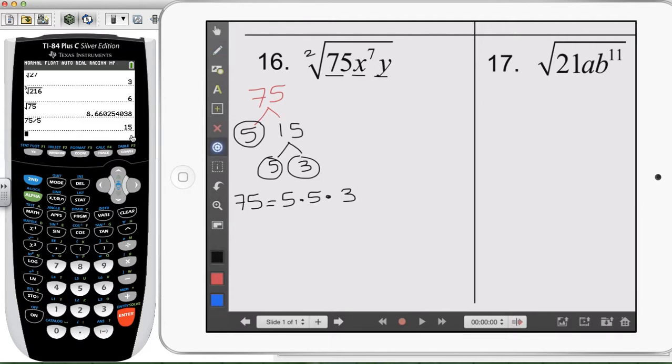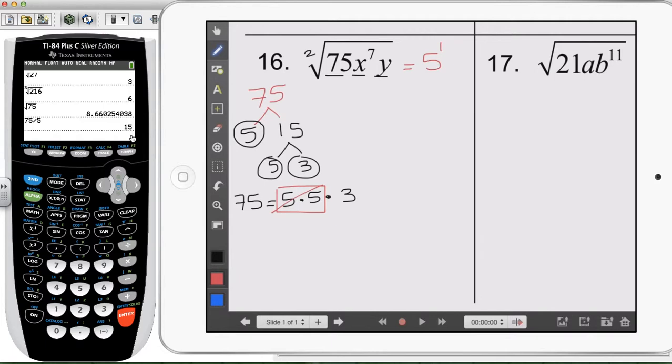Now, the index is 2, okay? So any groups of 2 will leave the radical. As you can see, I do have a pair of 5s. So it means I have one group of 5, so only one 5 will leave the radical.